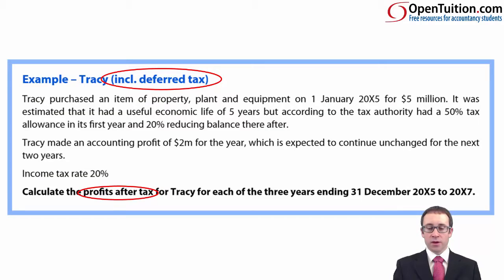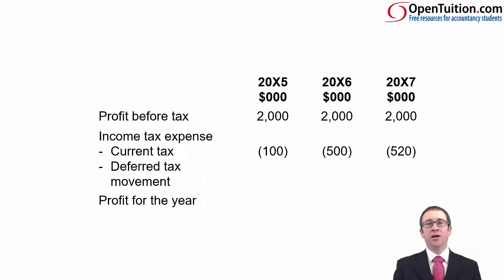So what have we got? To get ourselves started, you've got the pro formas within the notes. And we know what the profits before tax are already, don't we? They're 2,000, so 2 million for each of X5, 6 and 7. We also worked out what the current tax expense was: 100 in X5, 500 in X6 and 520 in X7.